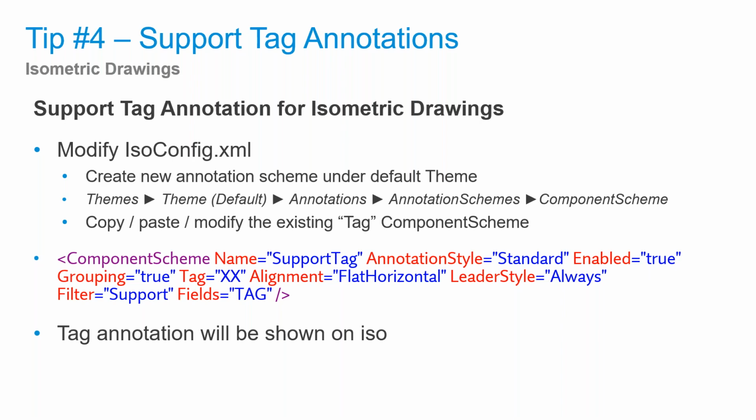So if you go into that default and take, for example, the existing tag component scheme and then copy that down below it, you can modify this, and really all you need to change is where it says then give it a name. We called this one support tag, and then the filter it's using is support. So that's looking for any support objects in the drawing that is tagged, and then it'll show the annotation on the ISO sheet, and we'll see what that looks like here shortly.